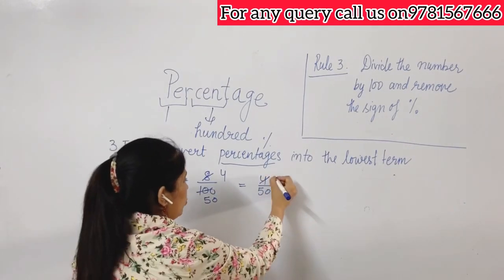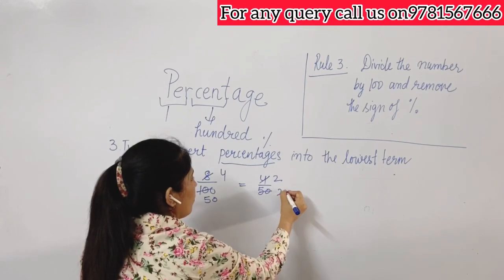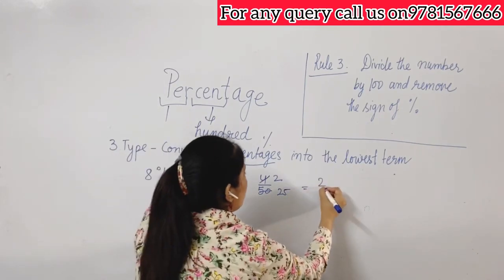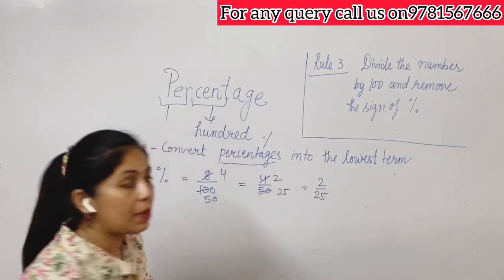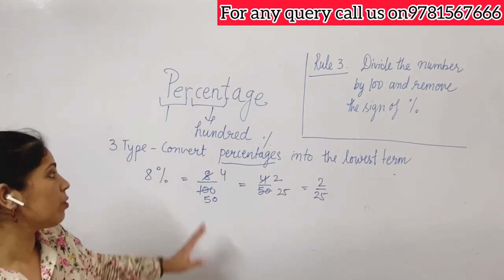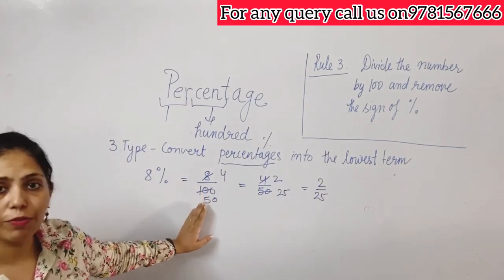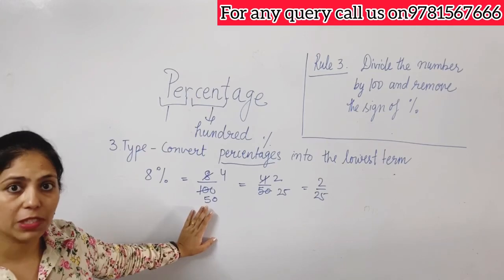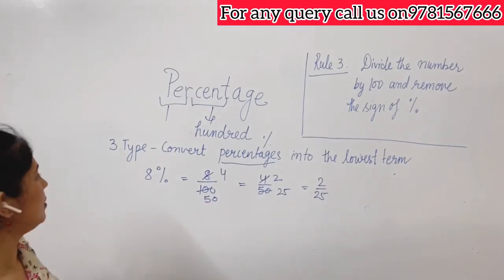So 2 twos are 4 and 25. So what is the answer? 2 upon 25. But if you are good in the divisibility rules, you can see here that both the numbers are divisible by 4 also, right?